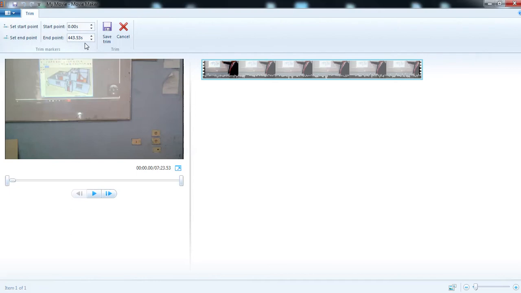Here we have to insert two important times: the start time of the part and the end time of the part. Here the total time is 443 seconds, about 7 minutes and 23 seconds.